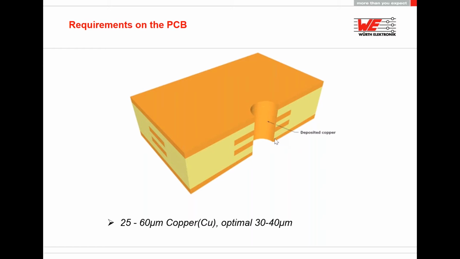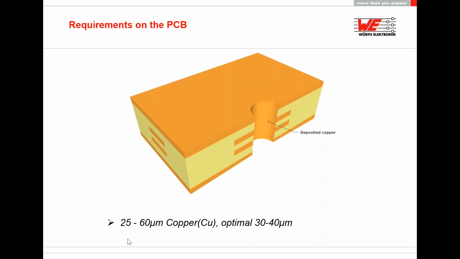And here we need a copper thickness of at least 25 microns of copper, because as we saw in the cross section before, in the cross section of the press fit area, we are cutting with the pin into this copper. And the more copper we have here, the more comfortably we can press into the PCB.